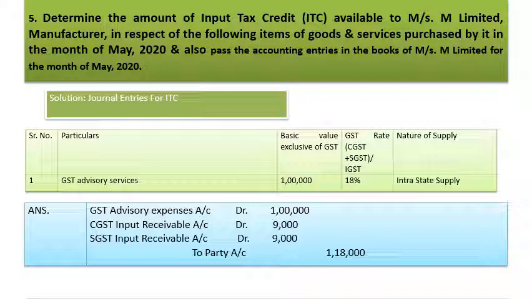So here ITC is available and it is an intrastate supply of goods or services. That is why ITC is allowed, and so CGST input receivable account and SGST input receivable account are debited, and whenever you provide some output supply, this will be available as a credit.